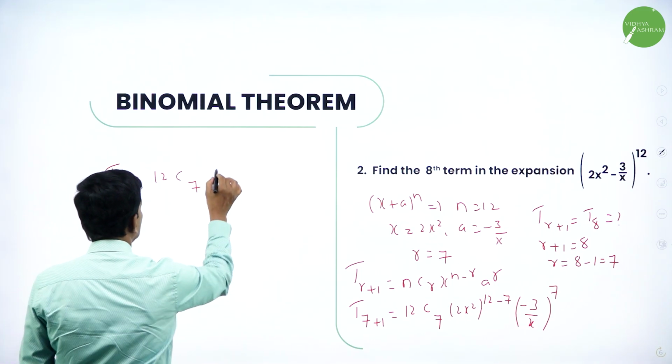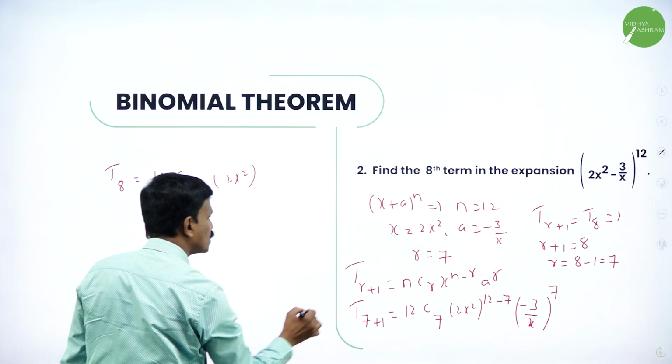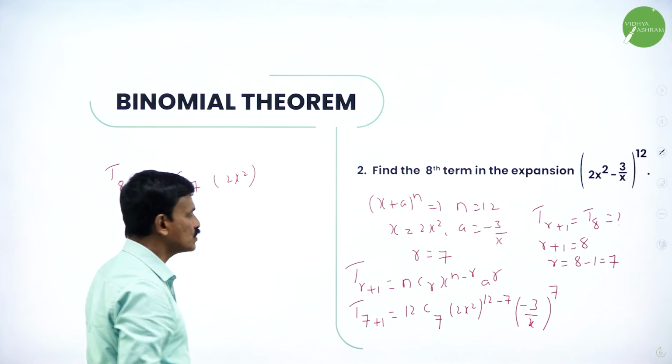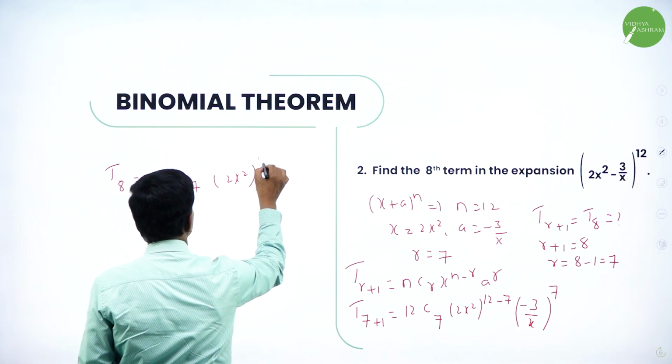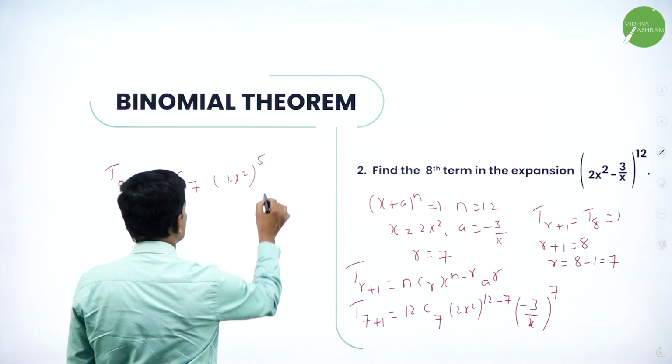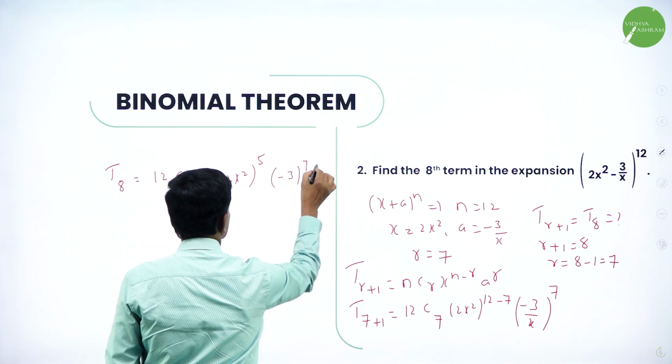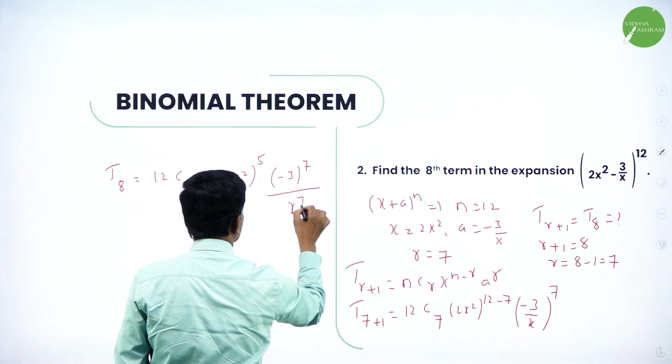So that is T7 plus 1, means T8 is equal to 12C7 (2x square) whole to the power of 12 minus 7. 12 minus 7 is equal to 5. Then (minus 3) power 7 divided by x to the power of 7.